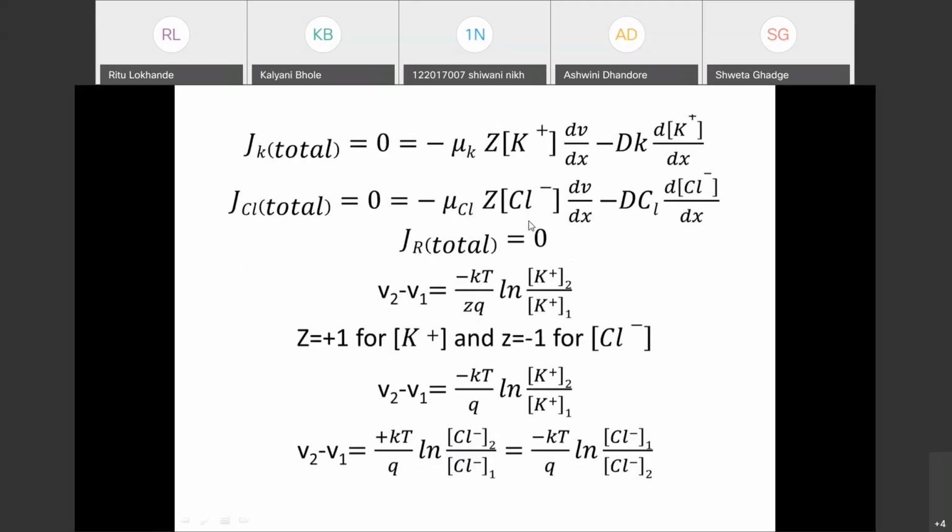So now in this case, let us see how we can calculate this. Here our total flow rate, that is J for K, is nothing but the equivalence of diffusion as well as drift. So that's why we have equated both. Same for the Cl, diffusion plus drift. This membrane is not permeable to R plus or large organic ion, so the flow rate for R is 0.